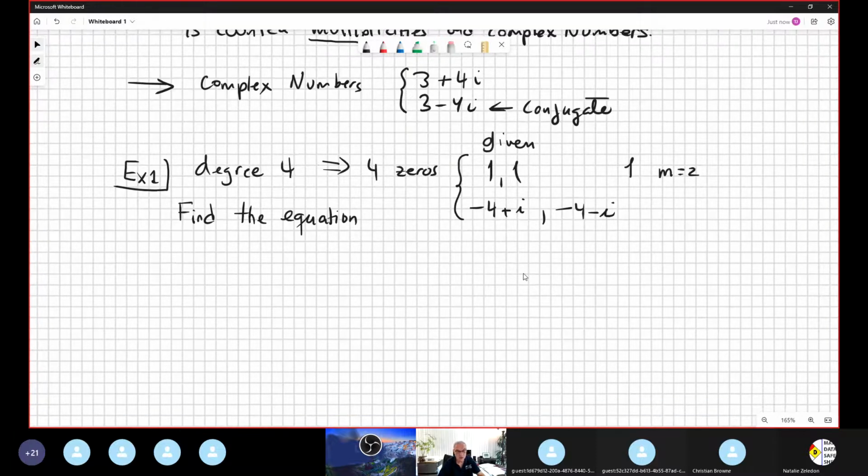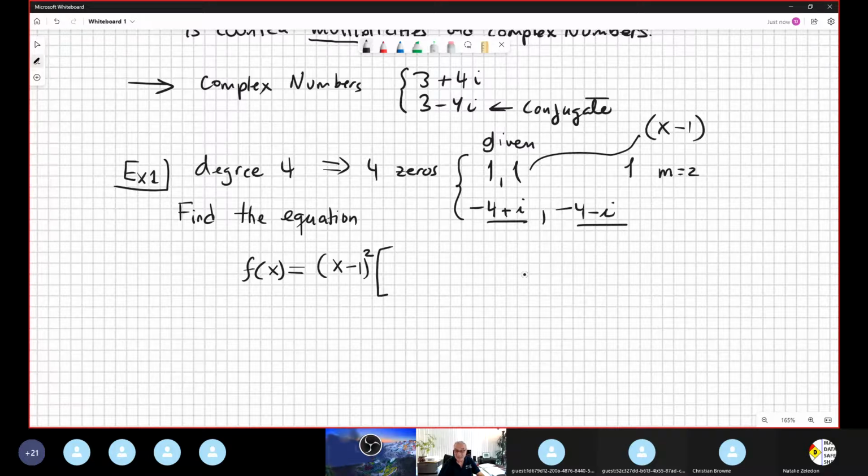But it's okay. So f of x is formed by x minus 1, because this is a zero, and the factor associated with this is x minus 1. But twice, so squared. The multiplicity is 2, so this factor is squared.